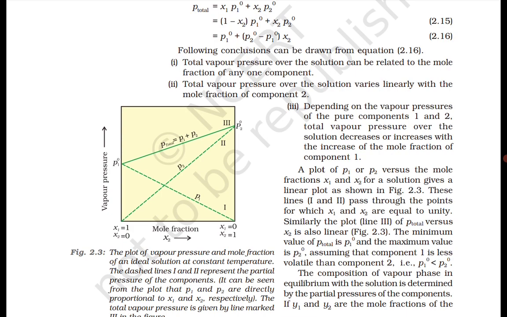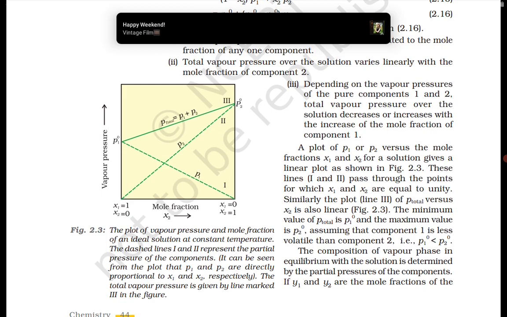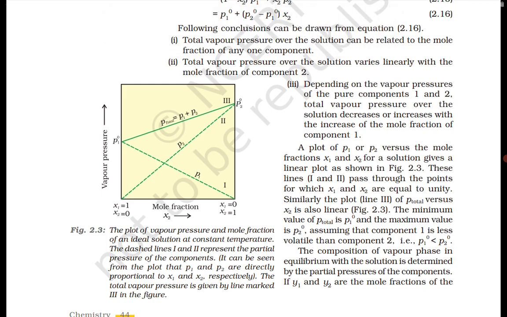A plot of P1 or P2 versus the mole fractions x1 and x2 for a solution gives a linear plot, as shown in figure 2.3. Figure 2.3 shows the plot of vapor pressure and the mole fraction of an ideal solution at constant temperature.